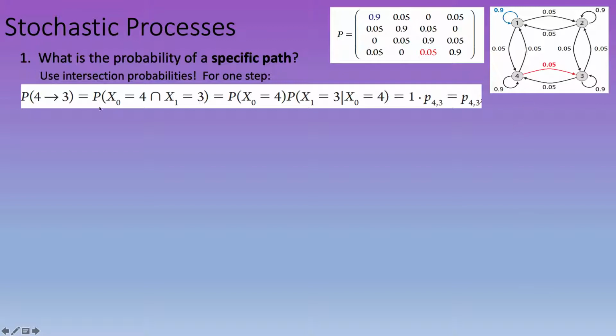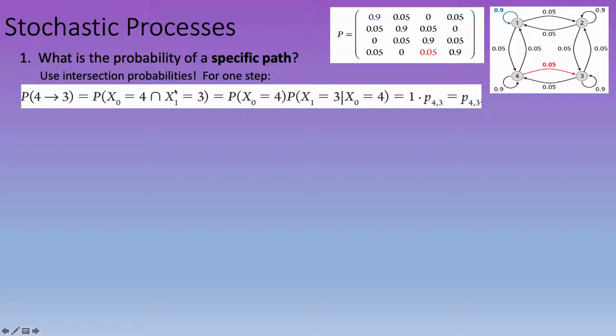The probability of going from P4 to P3 is the probability of being in position 4 and its intersection with the probability of being in position 3 at the next step. So if I'm at step 0 here, what's the probability I'm at step x1 in position 3 by the next step, number 1?